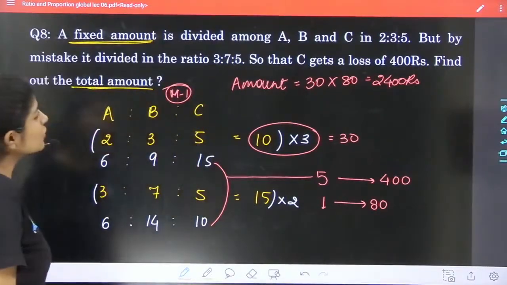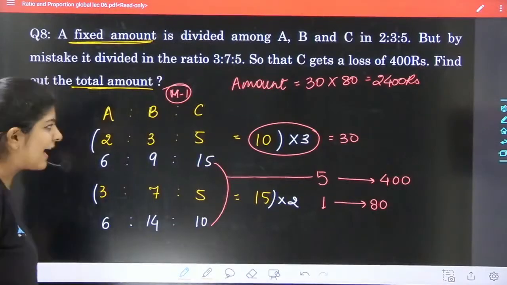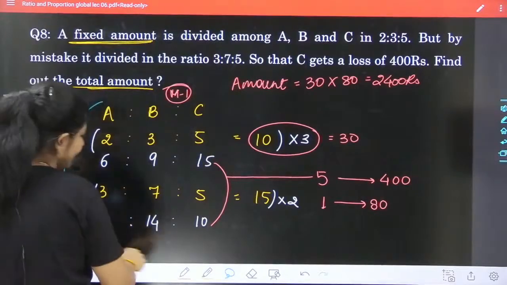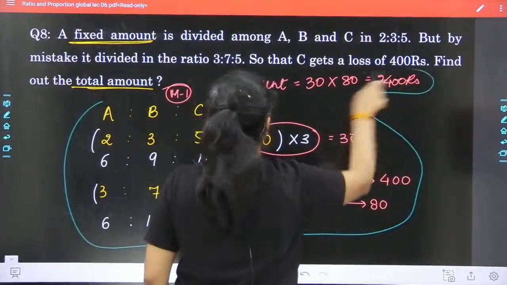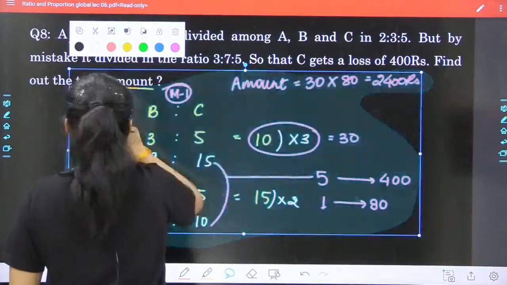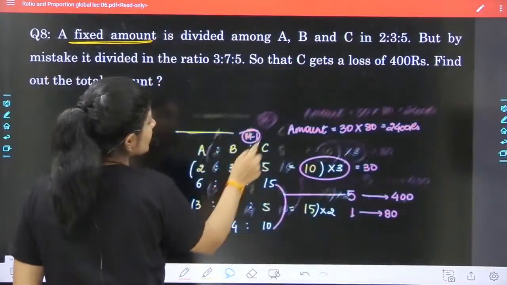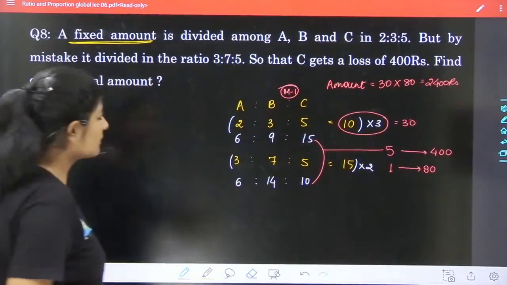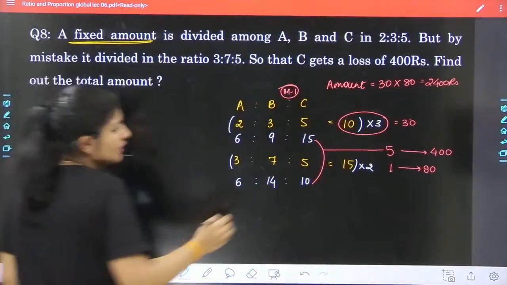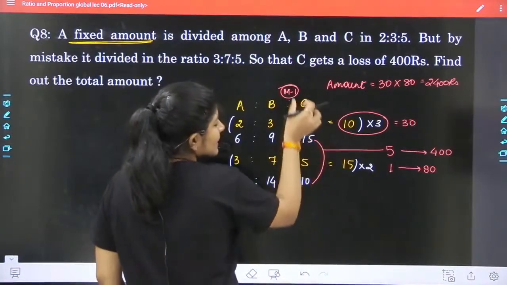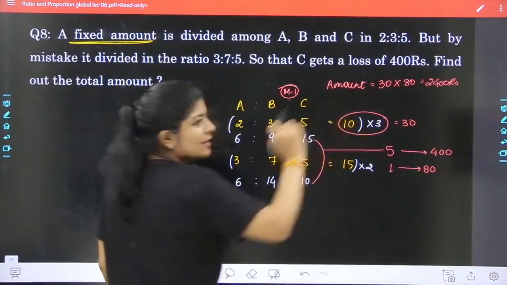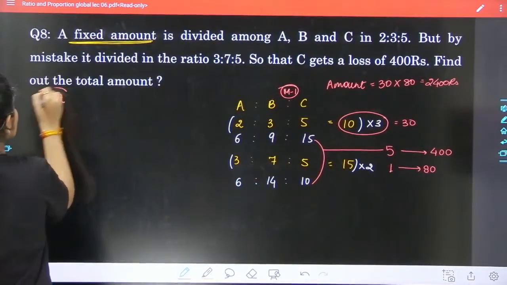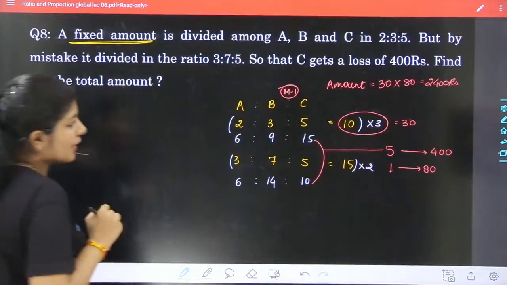We can also solve this question with the help of fractions. So let's try. Here, we are going to discuss method number 2, which is based on fractions.